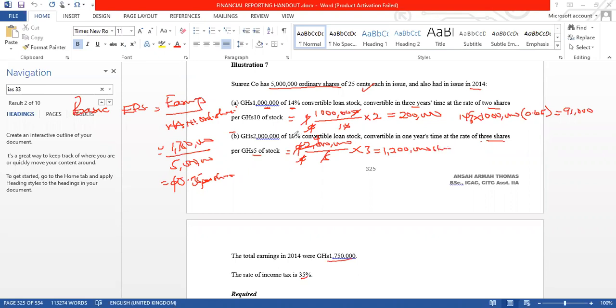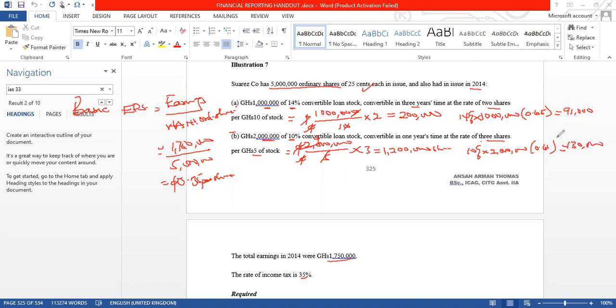In terms of the earnings, it is 10% on 2 million, which is going to give me 200,000. And post-tax, 200,000 multiplied by 0.65 is going to give me 130,000.